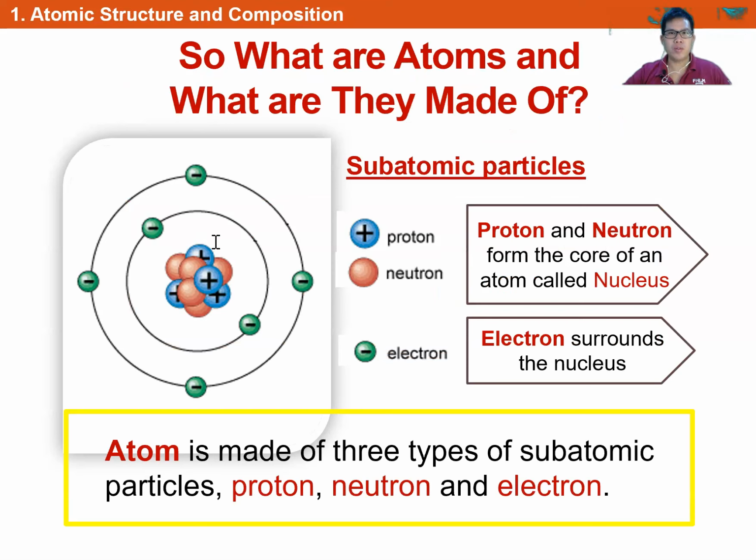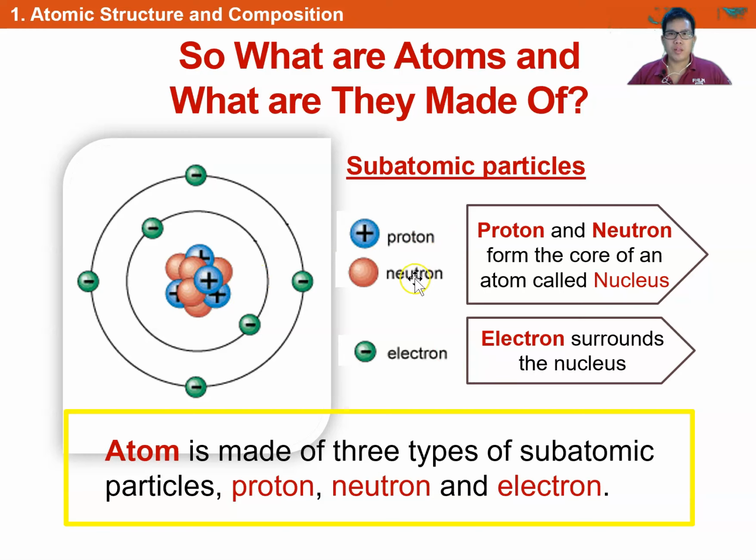So let's look at the atoms. What is an atom composed of? The atom is the most basic unit, and it's made of three things: protons, neutrons, and electrons.